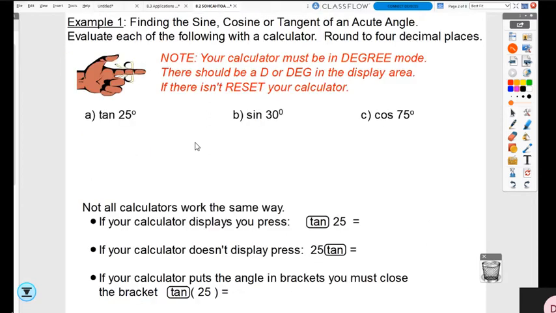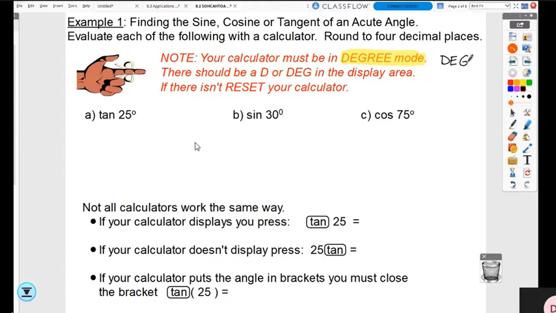Example 1. This is where we're going to be using our calculator and getting used to the functions. It says your calculator must be in a particular mode. It's called degree mode. If you look at the display of your calculator when it's turned on, on my calculator I see a 0 there, and at the top it says DEG.